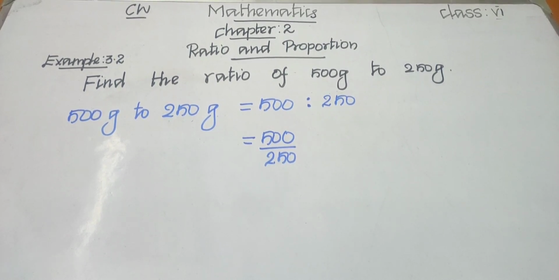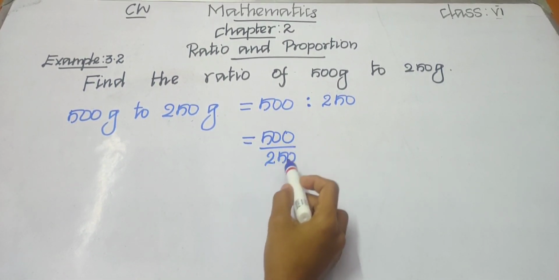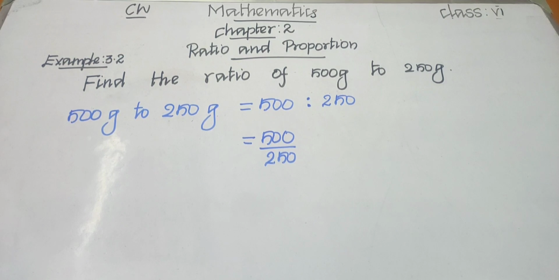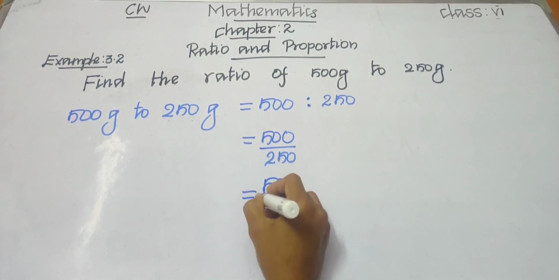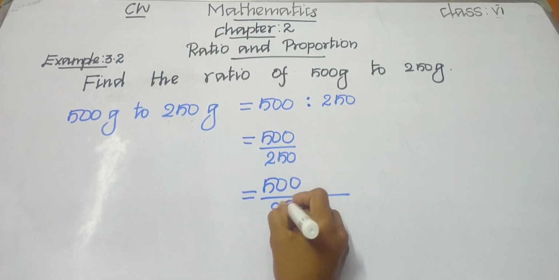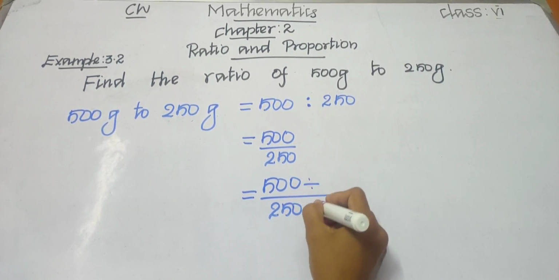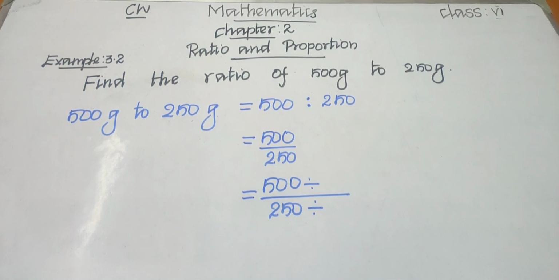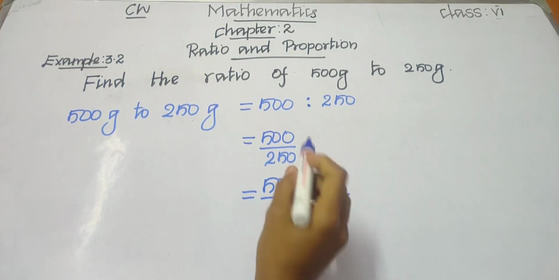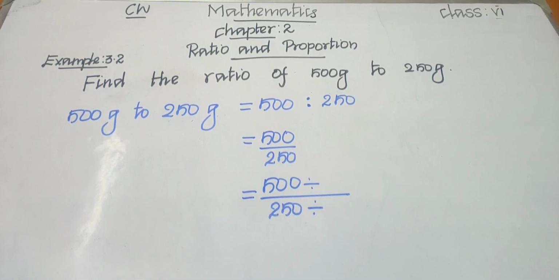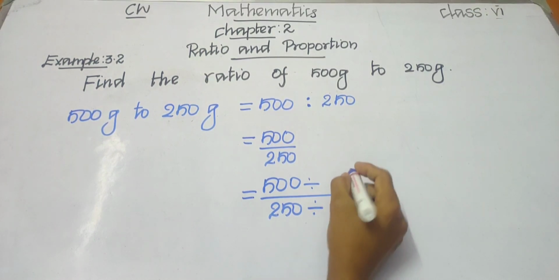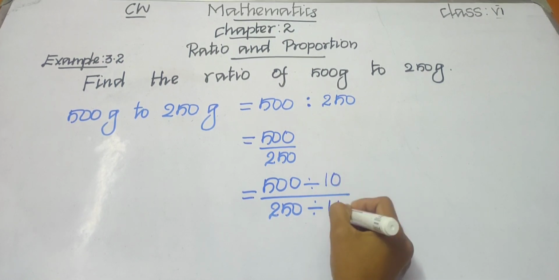Now write 500 by 250. See, here we have 0 and in the denominator also we have 0 in the units place. So can we divide by 10? We can divide by 10 in the numerator as well as in the denominator.